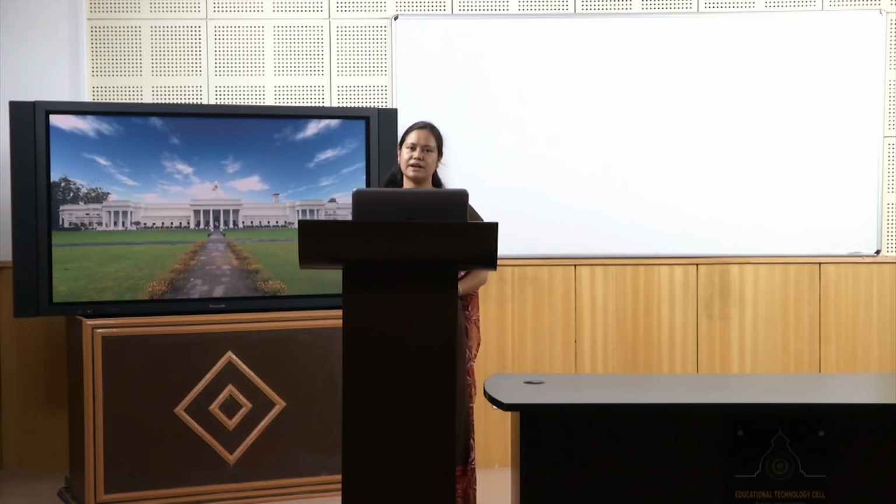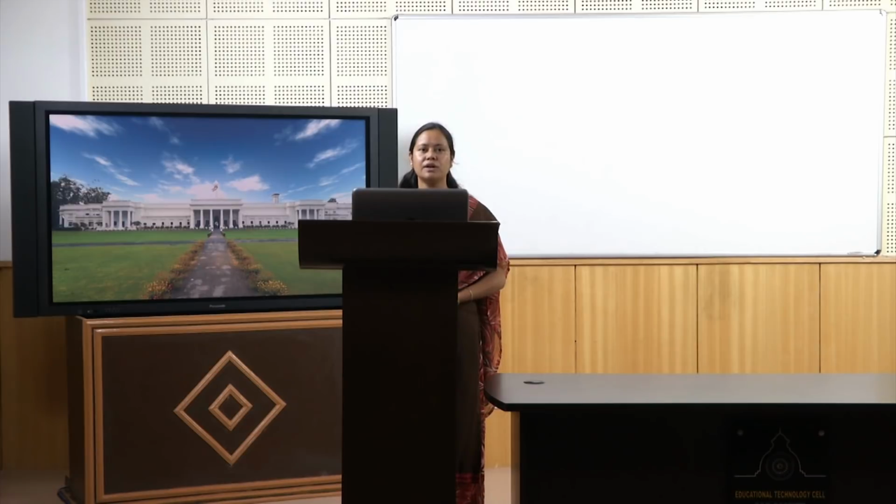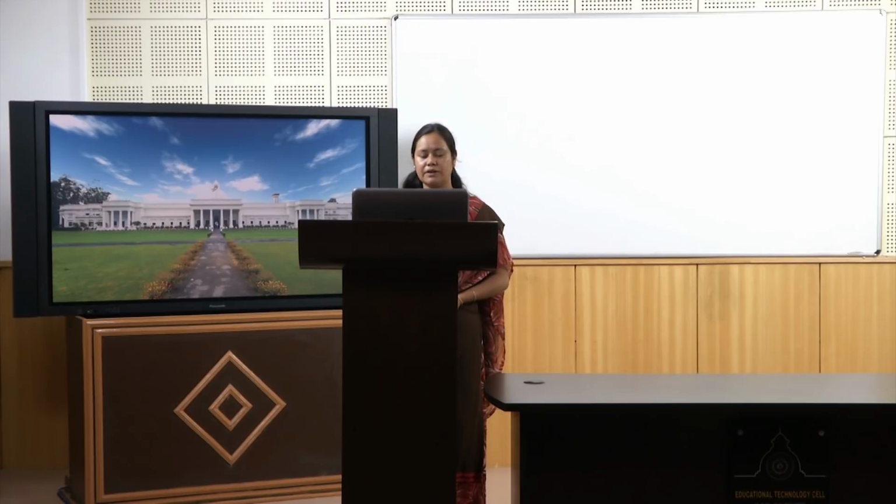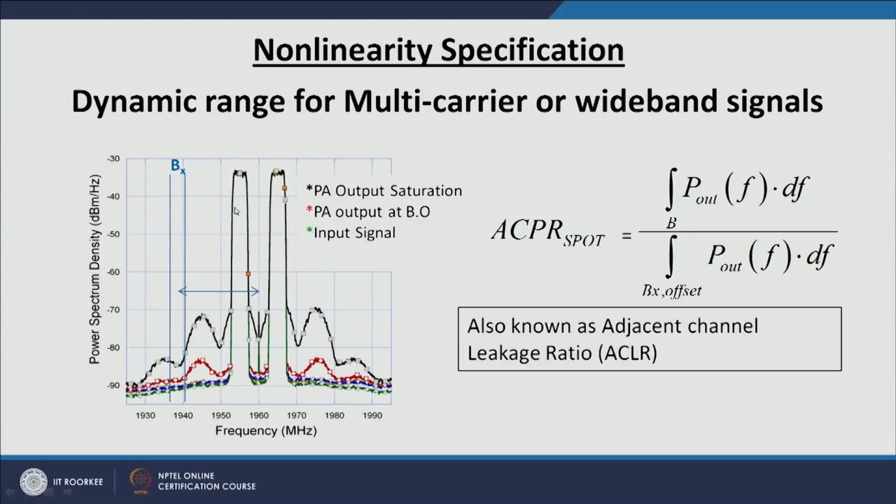So we have discussed that in the modern scenario mostly our signals are multi carrier signals. So in that case our criteria of judging the distortion changes a little bit. So in this left hand side figure we can see a 3 carrier WCDMA signal.